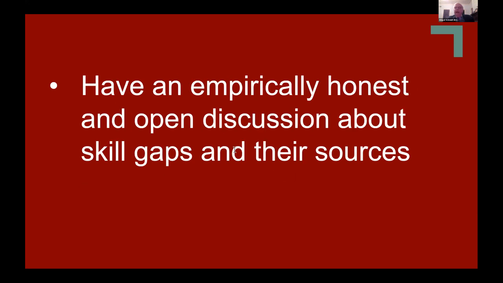We need to have an empirically honest discussion about skill gaps and their sources. Many people, when they talk about how families are influencing the child and creating these gaps, will immediately get hysterical and say, oh, you're blaming the victim. We're not. What we're doing is honestly finding out what the source of the problem is, and then we're attacking it.